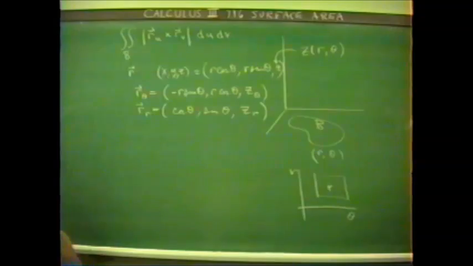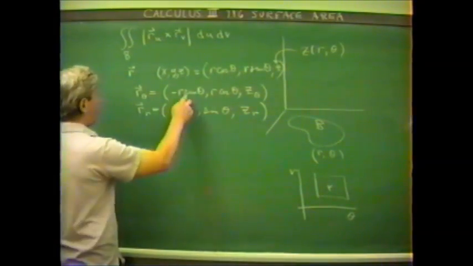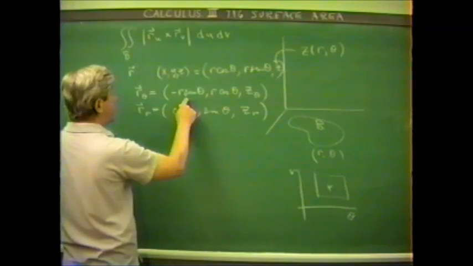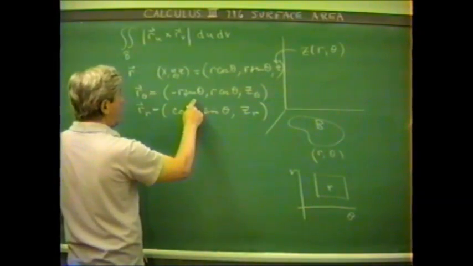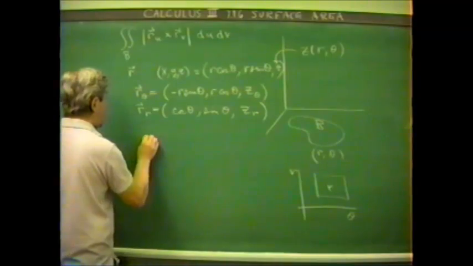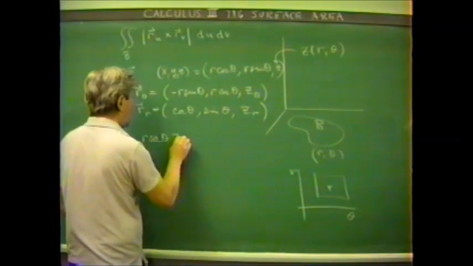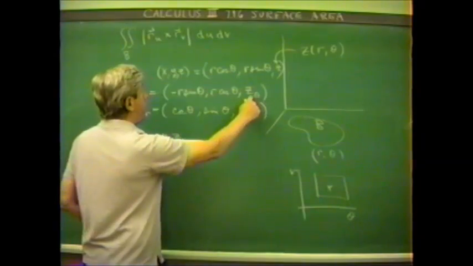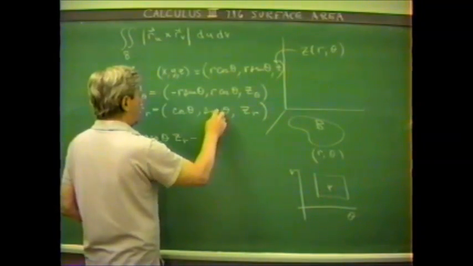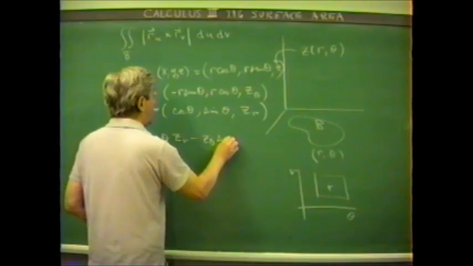We wish to take the cross product of these two. We're going to get an i component: r cosine theta times z r minus z theta sine theta.